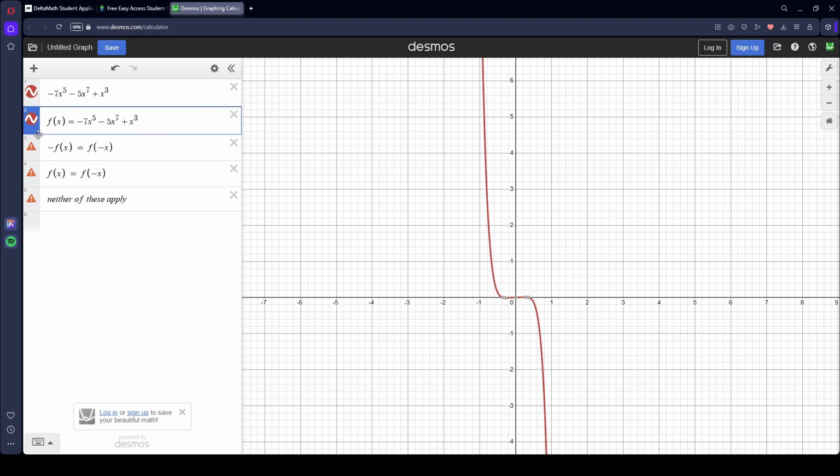Now let's see what happens with negative f of x. If f of x is equal to this, let's represent it with parentheses. Put the negative outside. Negative f of x.